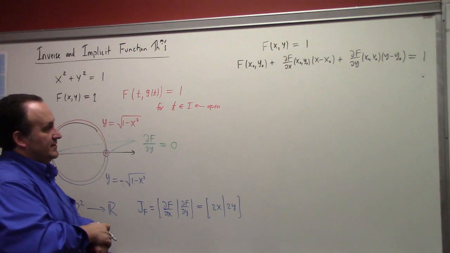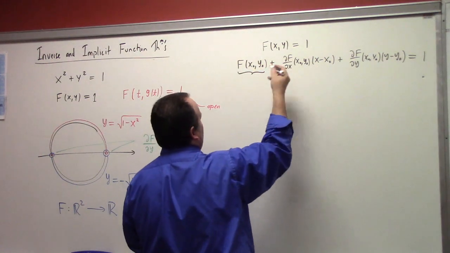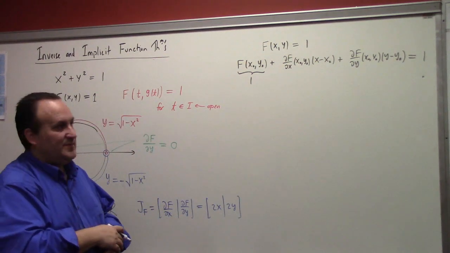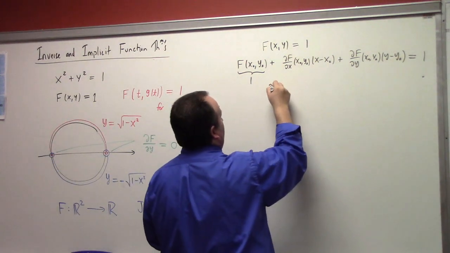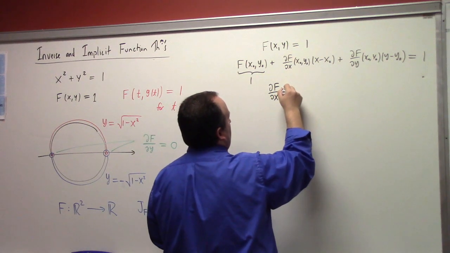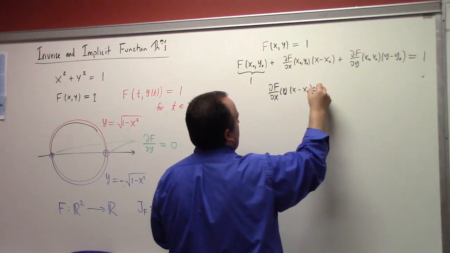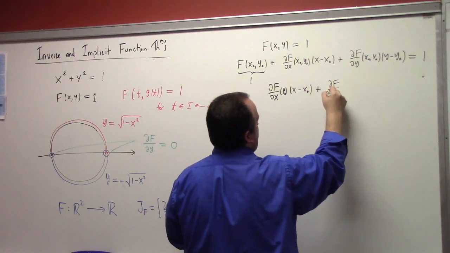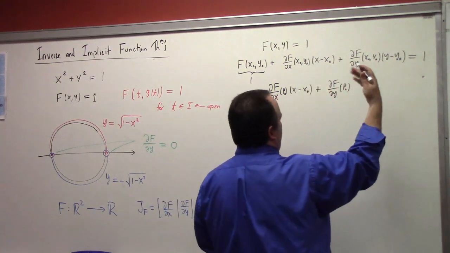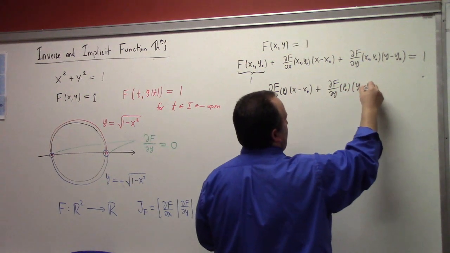And of course, this f of x naught, y naught, by assumption, is a base point on the curve, so that's 1. So what does this mean? This means that you have partial f partial x at the point times x minus x naught plus partial f partial y at the point you're trying to solve for y close to, times y minus y naught, equal to 0.